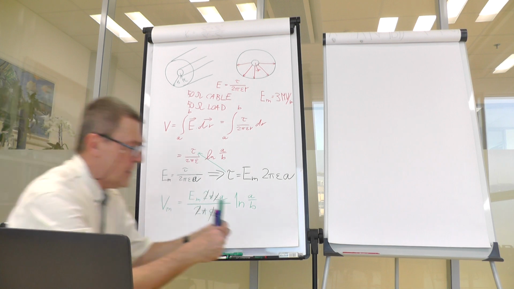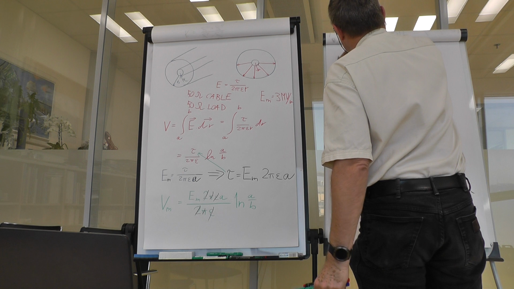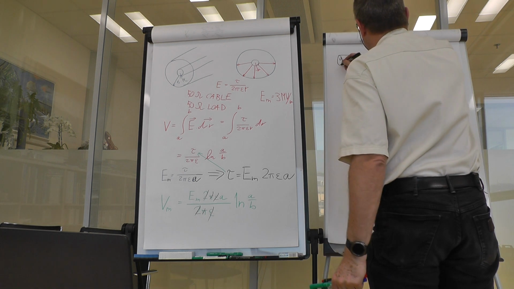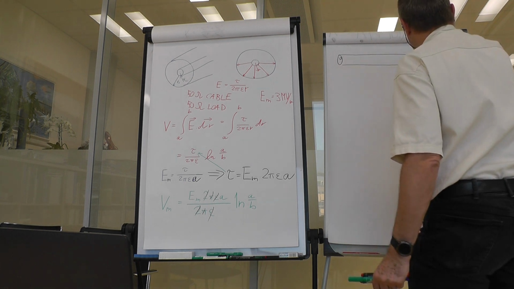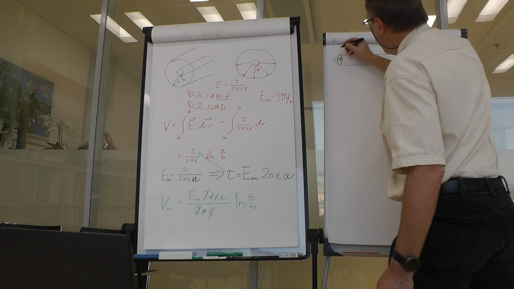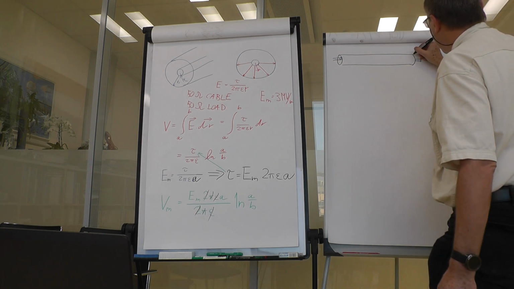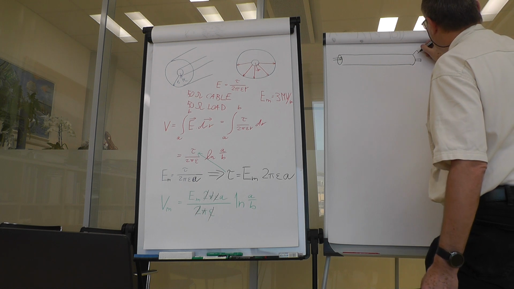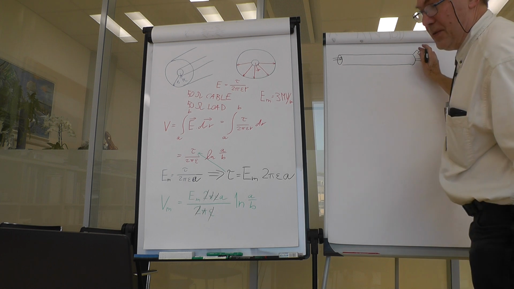So we have first a coaxial cable. Let's say we have a longer inner conductor, even here, so we connect the source between the inner and outer conductor, and over here we connect just the load. And it's 50 ohm.